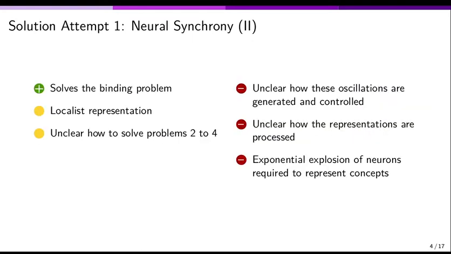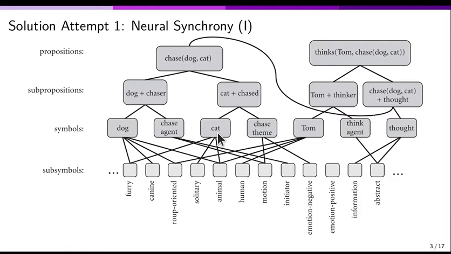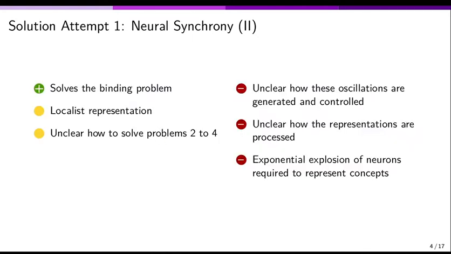It definitely addresses the binding problem. This is a way of representing a complex thing and keeping the different parts separate, because we've got this temporal aspect, and specifically it's making the claim that we're keeping it separate by alternating them in time. So that's great. One thing I want to point out about it is that this is a localist representation.